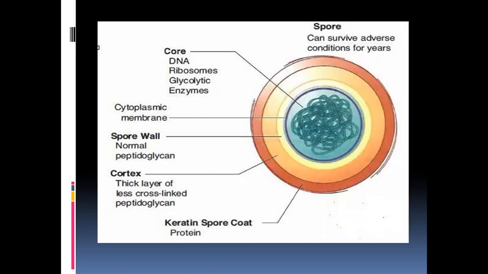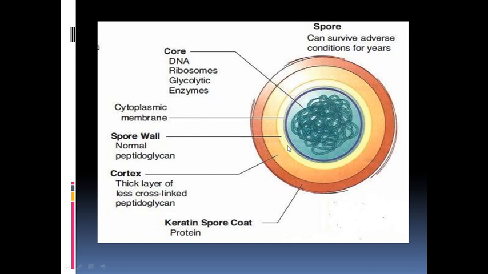See, this is the structure of the bacterial spore. You can observe there are several layers. This is called the core, and this is the cytoplasmic membrane.